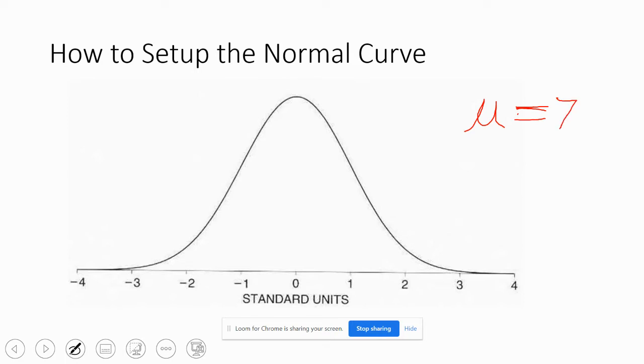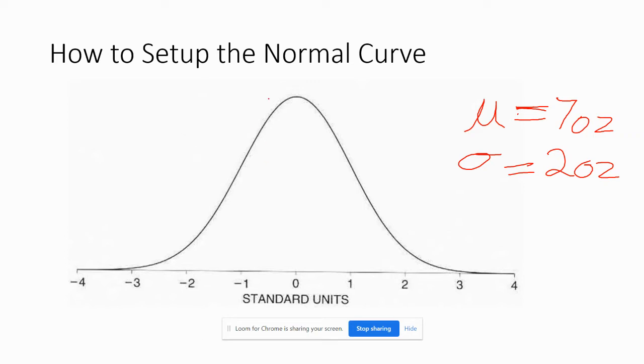So the average weight of different items was 7 ounces. And the standard deviation, notated by sigma, was 2 ounces. And you wanted to set up the normal curve.